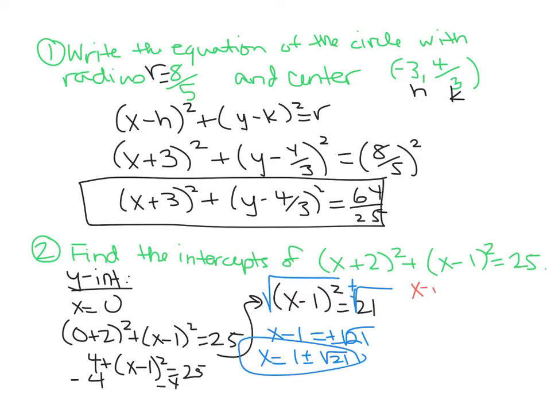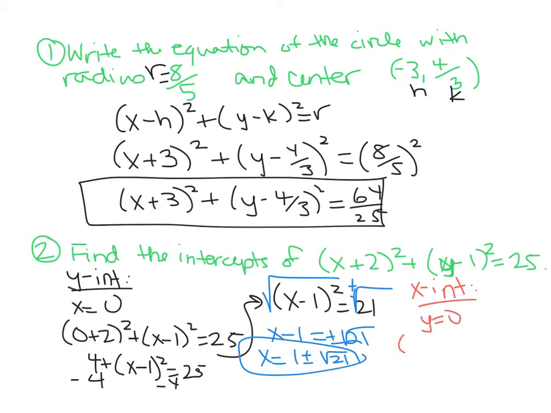So the x-intercept is pretty similar. Oh, I just noticed that, I'm hoping you guys caught this one before me, that this x right here should actually be a y. So my x-intercept I find by setting y equal to 0.